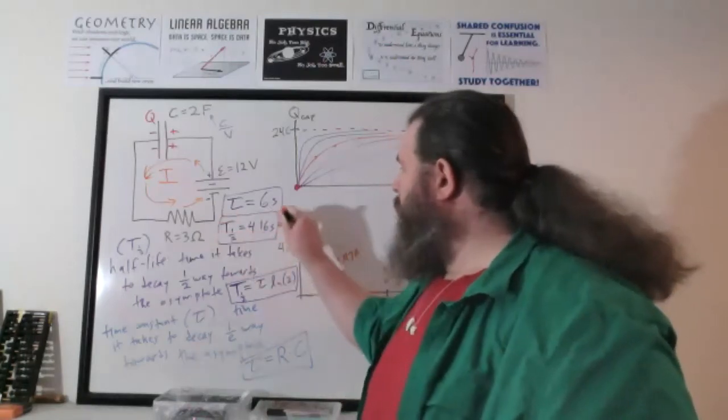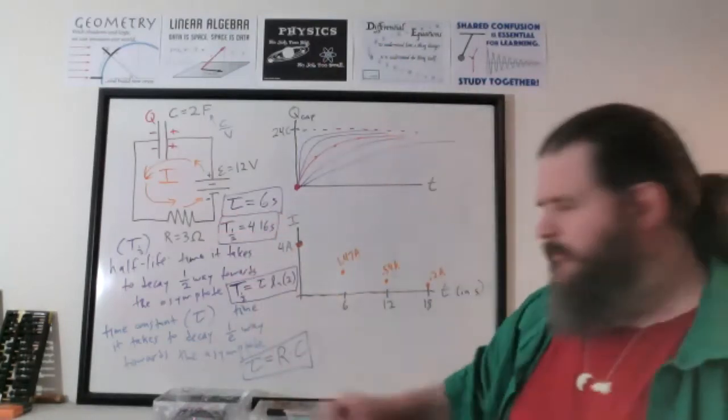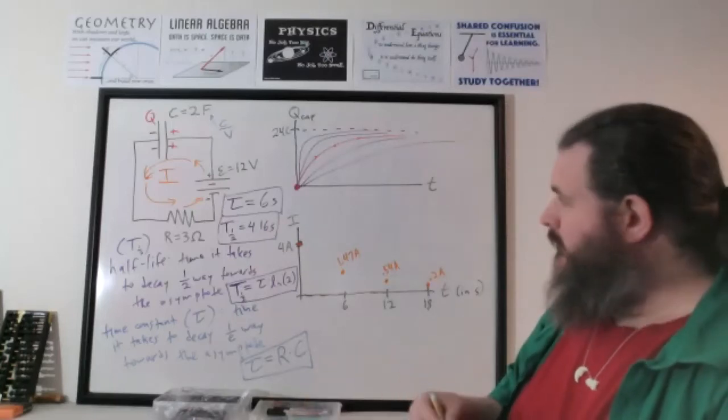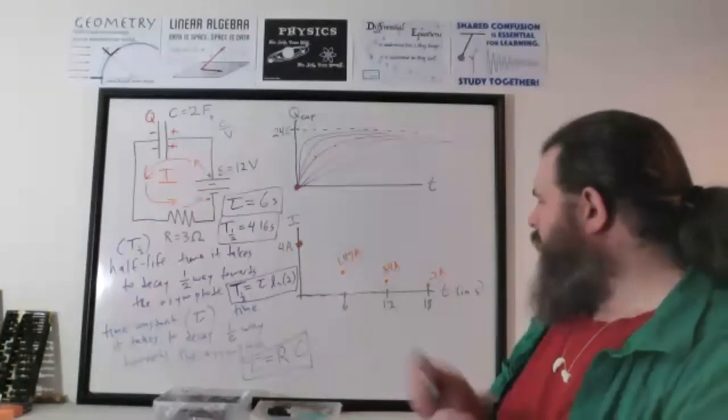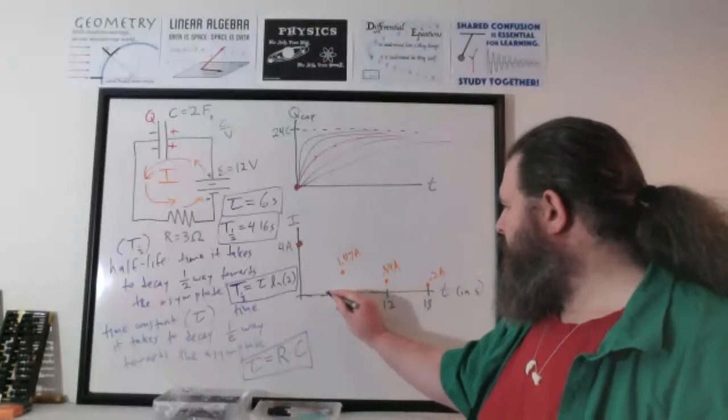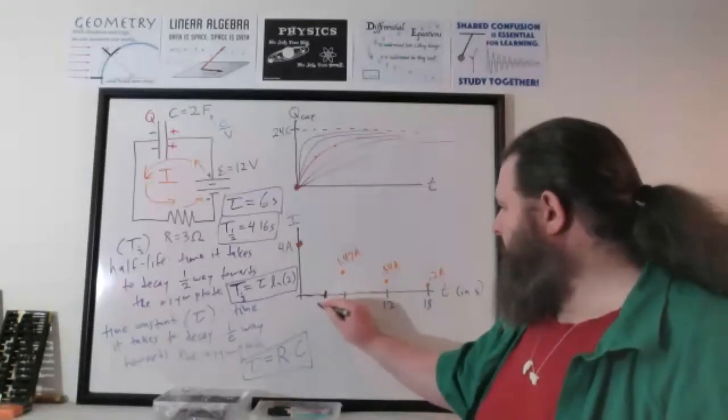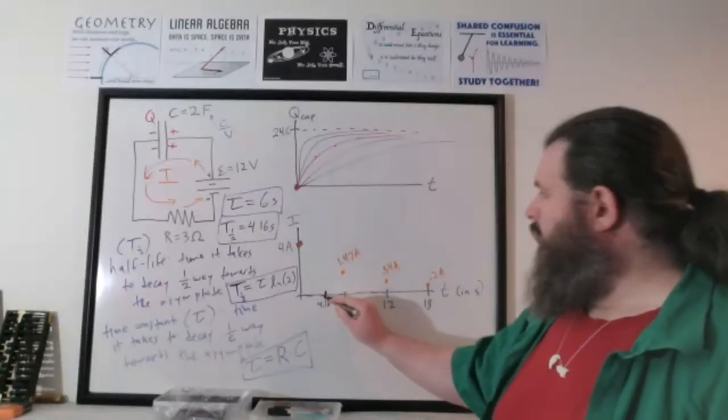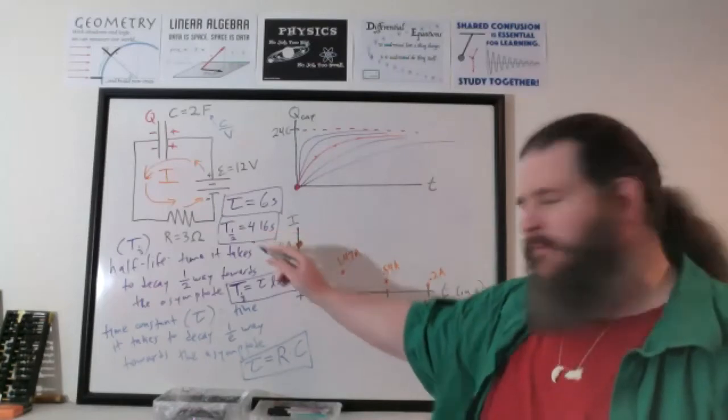So we could also mark those as times on the graph if we want even more accuracy. So 4.16, about here. And also 2 times the half-life would be 8.32.